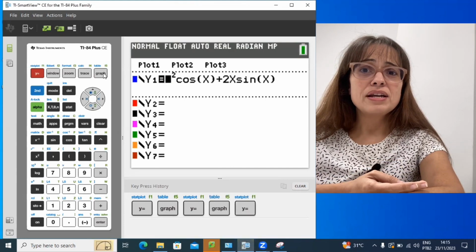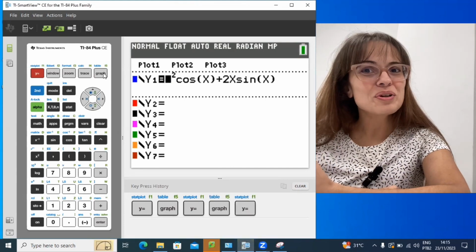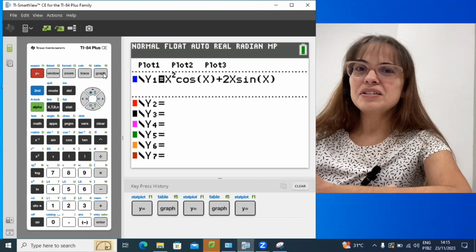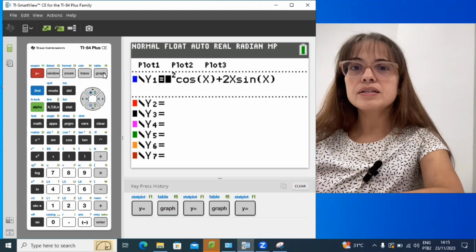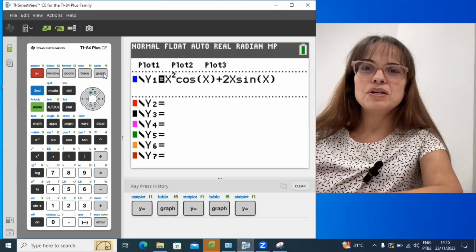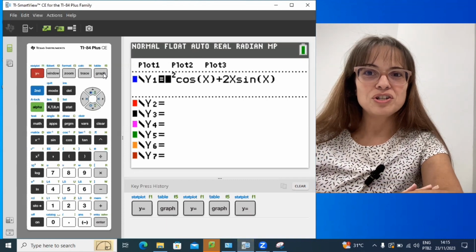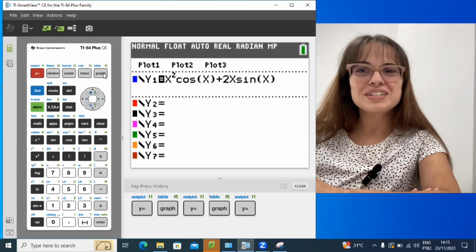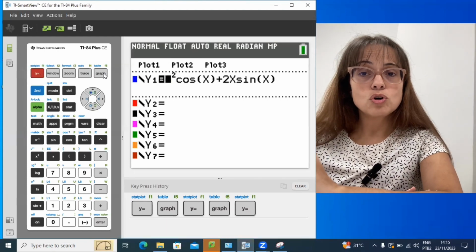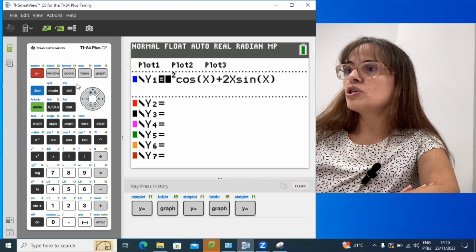Because on top of all that, if you try to take the derivative, there's always the possibility that you make a mistake. There's always the possibility that, for example, you forget that the product rule is something that exists and needs to be applied whenever the function that you're differentiating has a product. So let's not even go there. We're not going to take the derivative. We're going to use the calculator functionality.